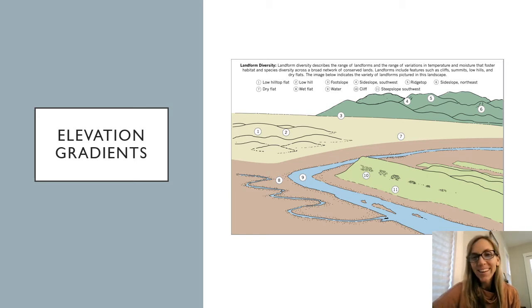You might remember that it was the study of elevation, zonation, and plant communities that first led to the study of landscapes through a German geographer by the name of Karl Troll. That gave way to the life zones concept that we discussed earlier in the semester as well.